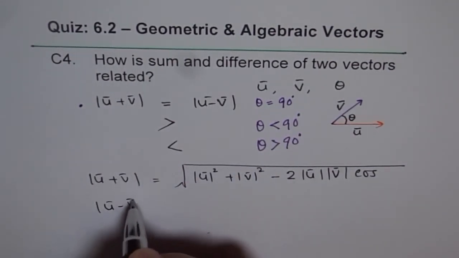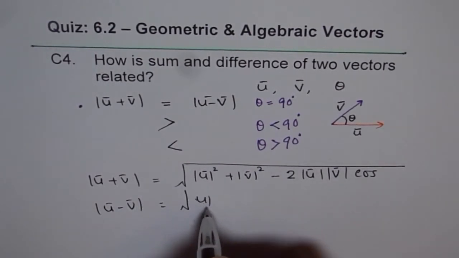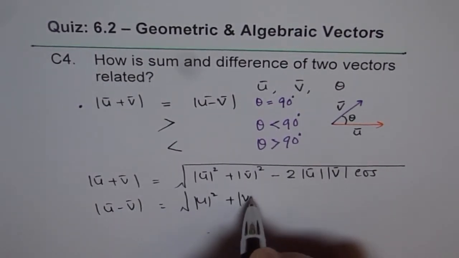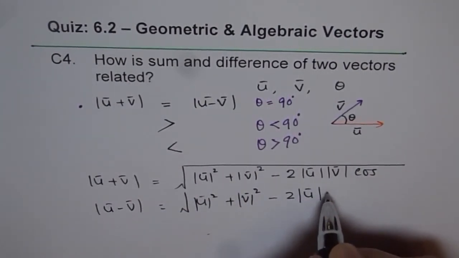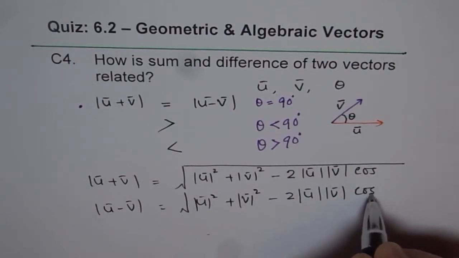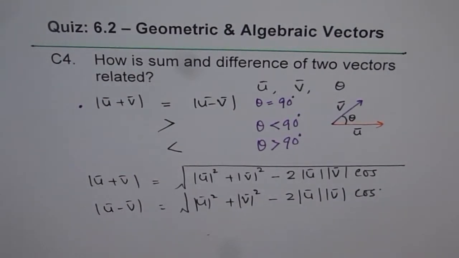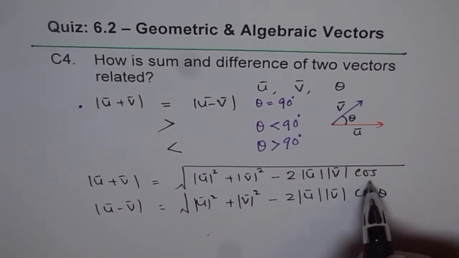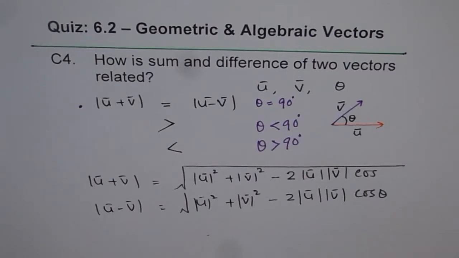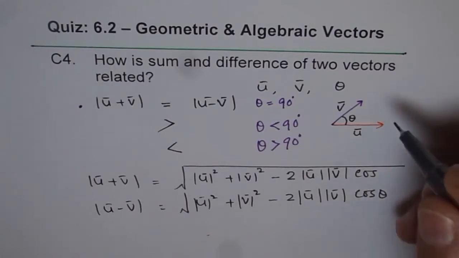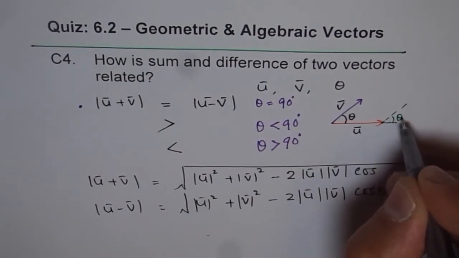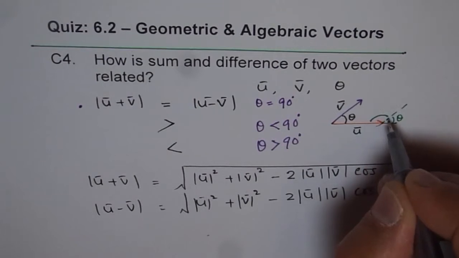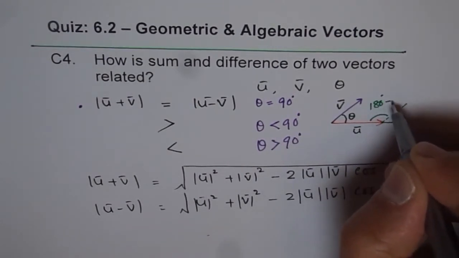And the difference is almost the same thing, u square plus v square minus 2 u v cos of what? You will notice that when it is u minus v, it is always this angle theta, but when it is u plus v, then the angle actually is not theta. It is phi, which is 180 degrees minus theta.